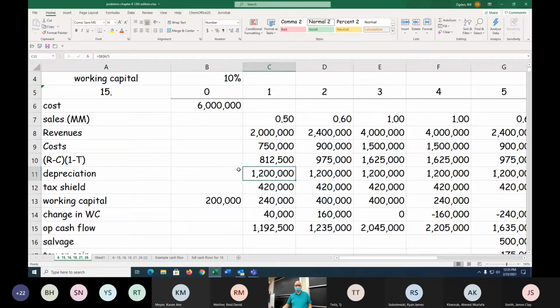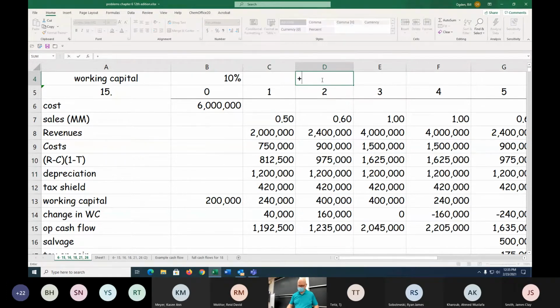So let's see, we'd probably have 6 million minus 500,000, and then divided by 5.